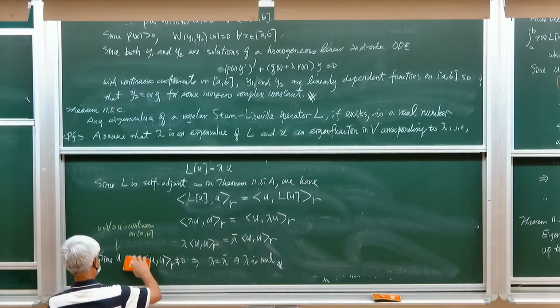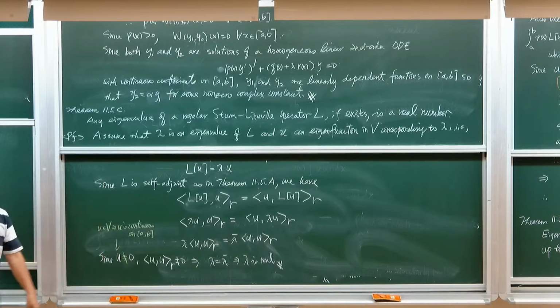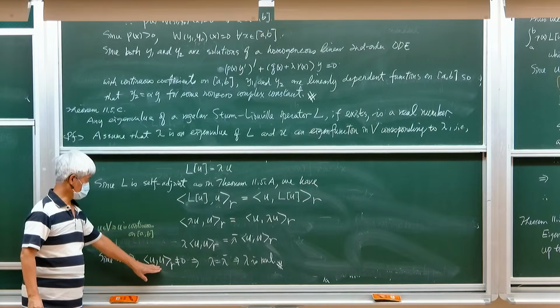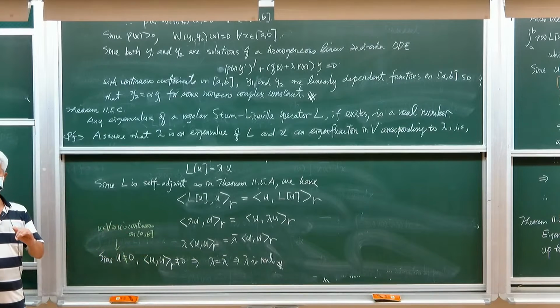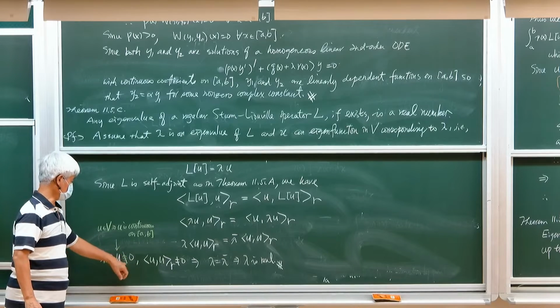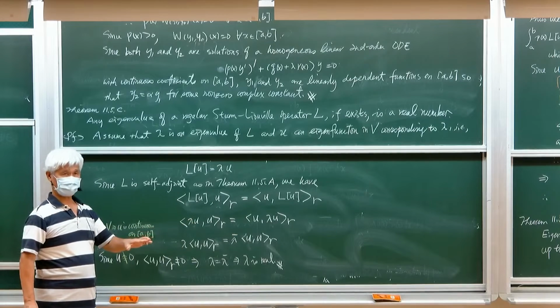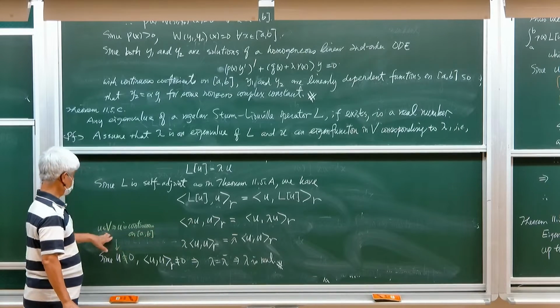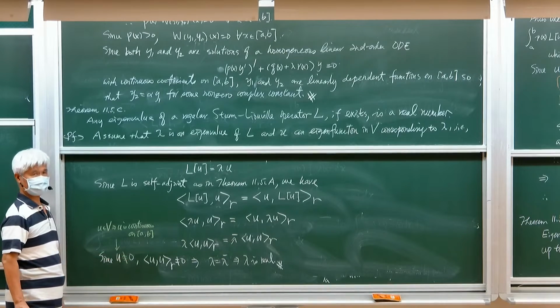Maybe I write here, it's not equivalent to 0. Because u has zero inner product with itself if and only if u is equal to 0 for almost all x, which means that u is equivalent to 0. But because u is a non-zero eigenfunction and u is continuous, u is not equivalent to 0.